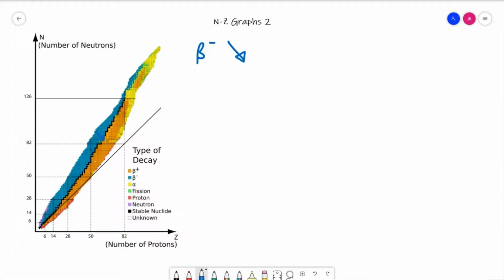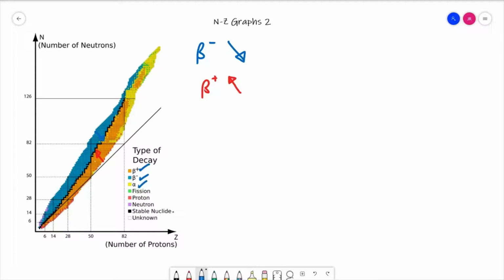For the beta plus, we are moving up and to the left, and that's why a lot of the beta plus emitters occur below and to the right of our stable line. So now we've explained beta plus, beta minus and alpha decay.